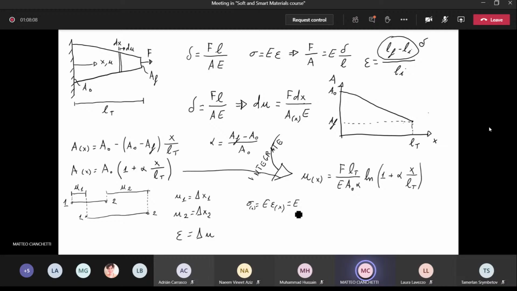But we also know that the strain, as we said, is the delta U that, of course, when we speak about differential equations, is the first derivative of the displacement. So to pass from the displacement to the strains, we just need to differentiate if we are speaking about infinitesimal quantities, in terms of differential equations. So E multiplied by U, x.